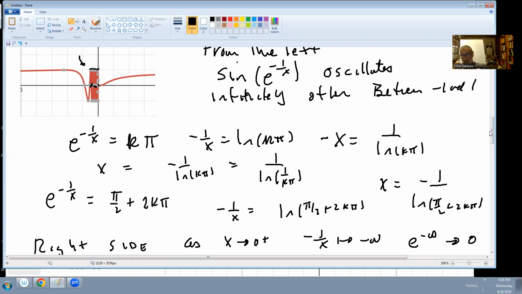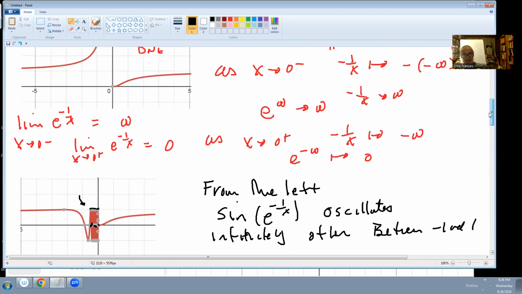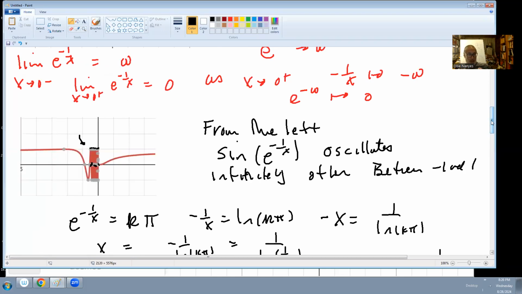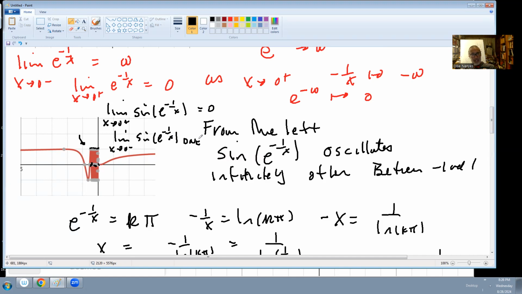So then we get sine of 0 when you plug that in. So we do have a limit from one side. The limit as x approaches 0 from the right of sine of e to the minus 1 over x is 0, and the limit as x approaches 0 from the left of sine of e to the minus 1 over x does not exist, but it doesn't exist because of an asymptote. It doesn't exist because of this infinite oscillation.